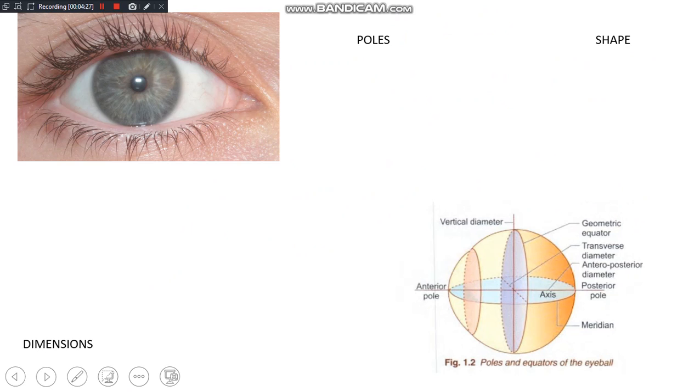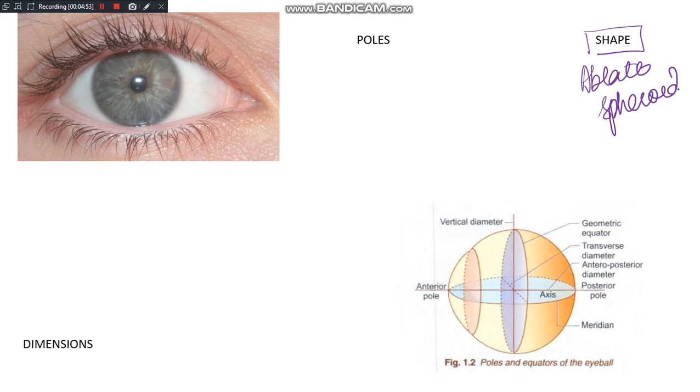Now talking something about the anatomy of the eyeball. This diagram I have taken from Khurana. As you can see, let's talk firstly about its shape. What do you think is the shape of the eyeball? Is it round? Is it a sphere? Yeah, it is very close to a sphere. It is known as an oblate spheroid. Why is it known as an oblate spheroid?